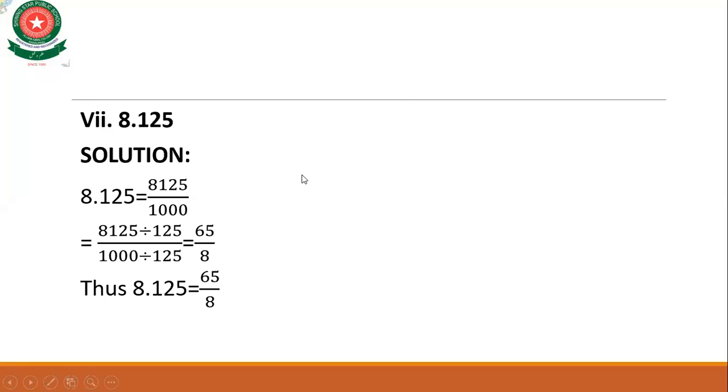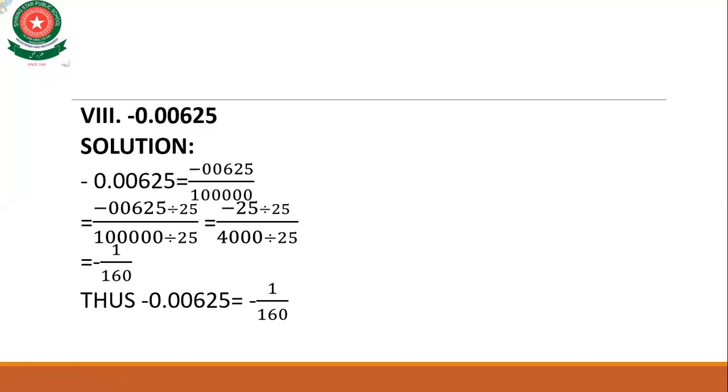Now come to part number 8. Here, minus 0.00625. I repeat, minus 0.00625. So first of all, we have to convert it into a rational number.